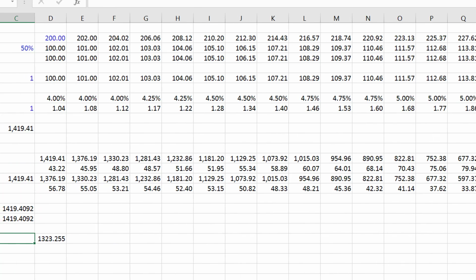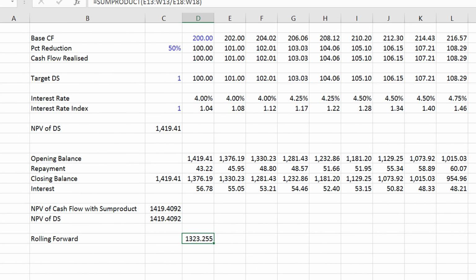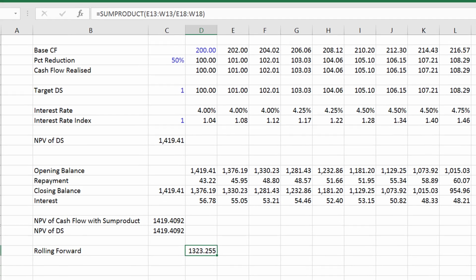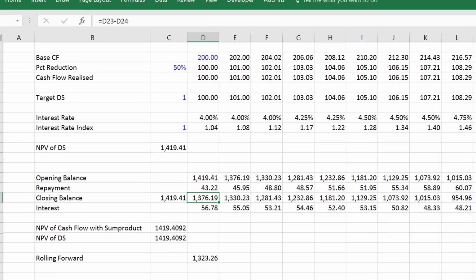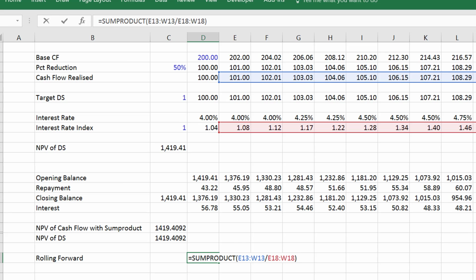We get that number, which is not the same as this. The difference between this number divided by this number happens to be the 1.04. If we're going forward, we have to recalibrate this whole thing.